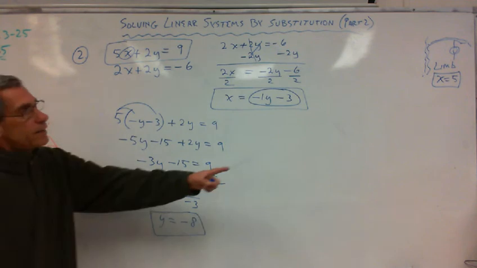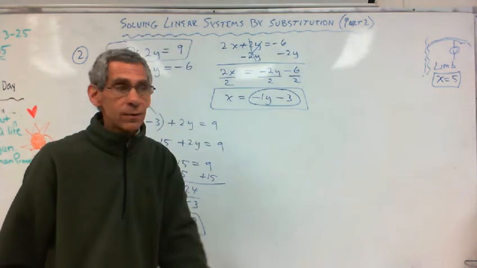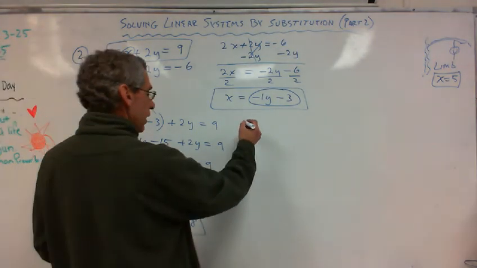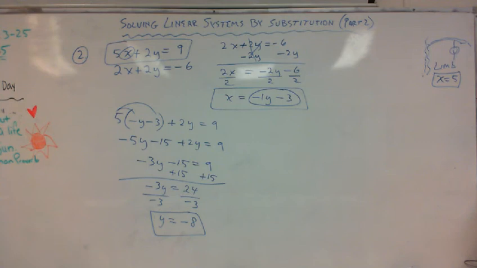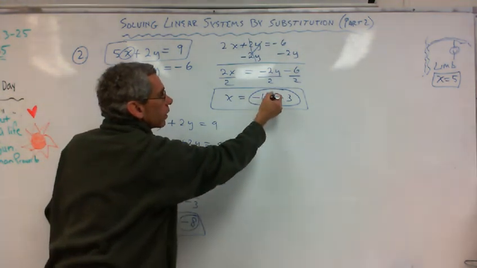He said x was 5. He might be right. Yes, exactly. Well, I don't know. How do we know? All right, let's try it. So now we got x. So look, I now know that y is negative 8. So I'm going to plug that into the y up here.